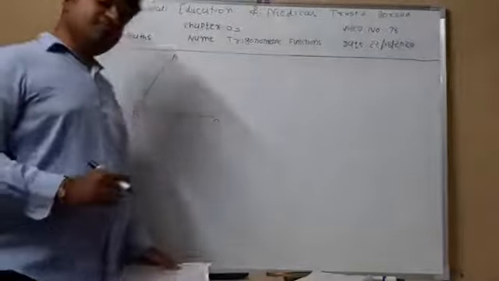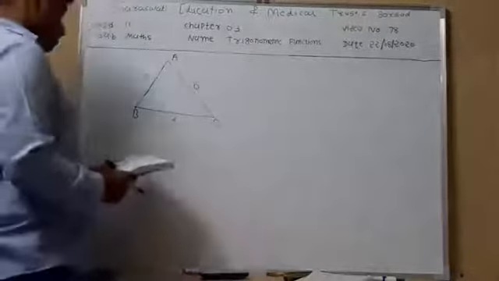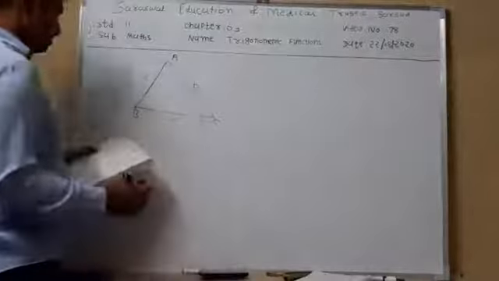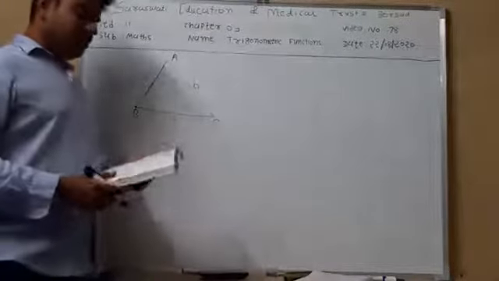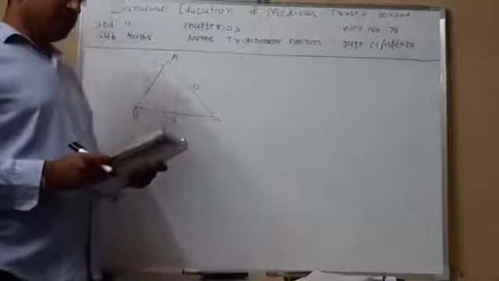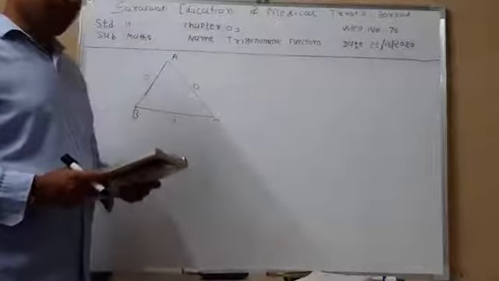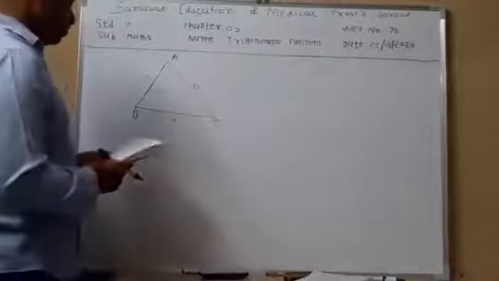So now using this result, one result is present in the form of sine. In any triangle, the sides are proportional to the sine of the angle opposite to them.